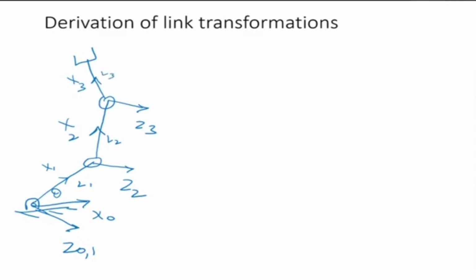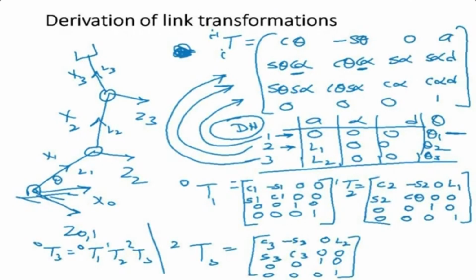What is the generalized matrix? The generalized matrix T, which takes you from one frame to another frame, is equal to: cos theta, minus sin theta cos alpha, sin theta sin alpha, a cos theta; sin theta, cos theta cos alpha, minus cos theta sin alpha, a sin theta; 0, sin alpha, cos alpha, d; and 0, 0, 0, 1.